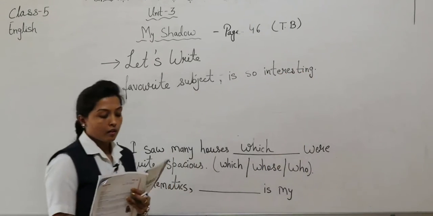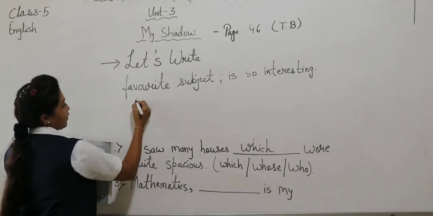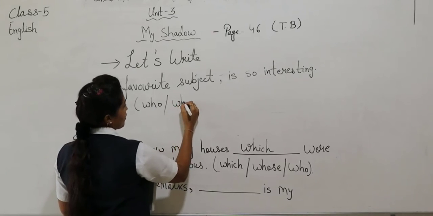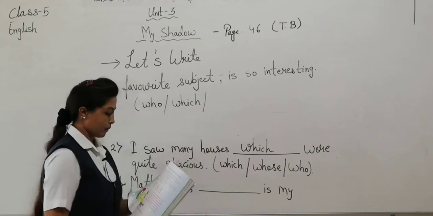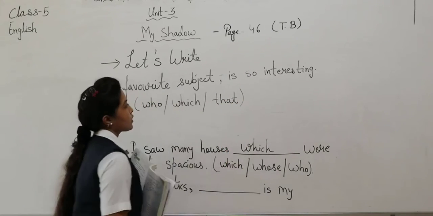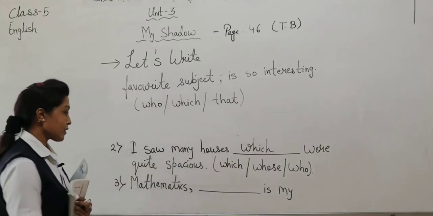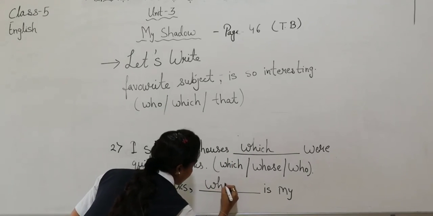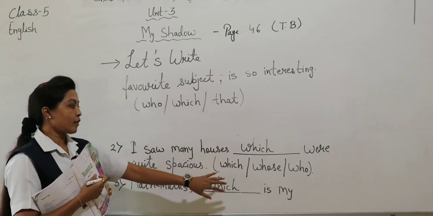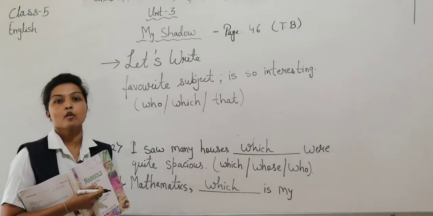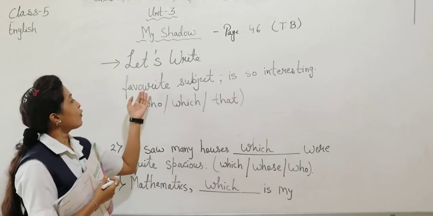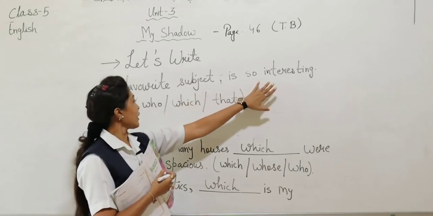The options are who, which, that. So our answer is which. As I told you, which is used for denoting things or persons. So: mathematics, which is my favorite subject, is so interesting.